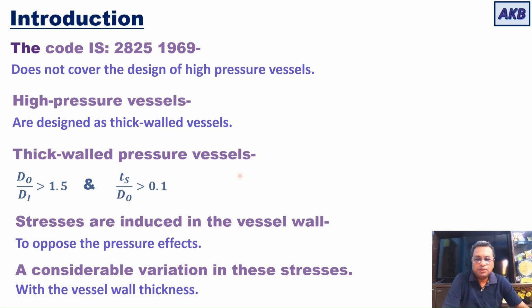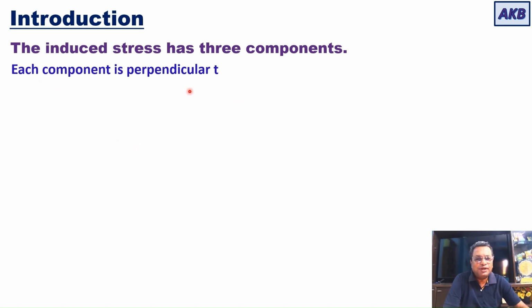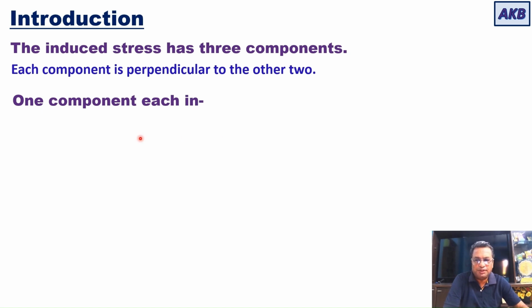Now, the stresses that get induced in the vessel wall due to the pressure effects have three components. Each of the three components is perpendicular to the other two components.